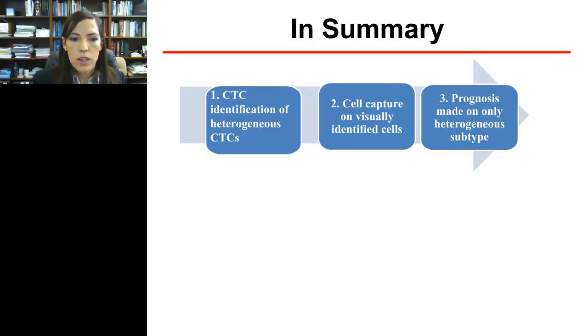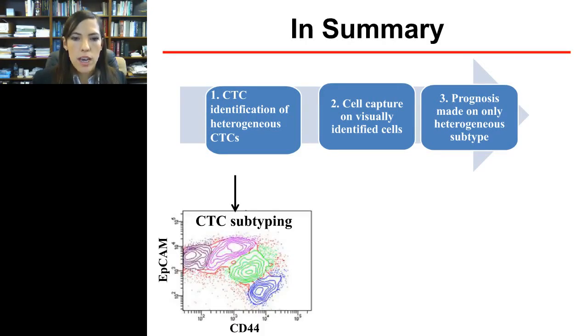So in summary, I've shown information indicating how we're interested in identifying heterogeneous CTCs, and we're doing that by including a few additional markers for positive identification, and identifying CTC subtypes based on metastatic potential.